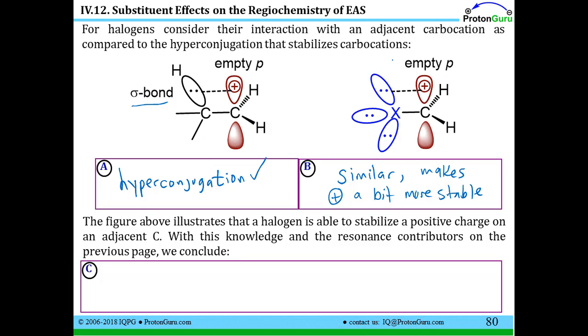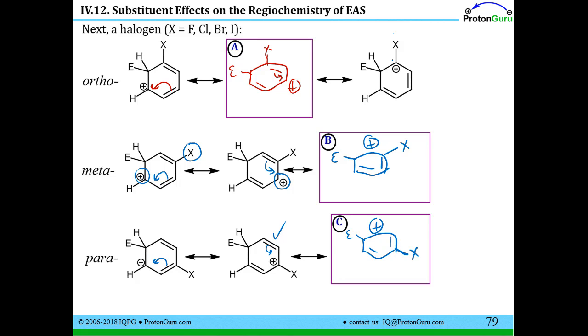So with that in mind, that this non-bonding pair near the positive charge on the carbon helps stabilize it a little bit, we can look back here and say, okay, where do we have that stabilizing influence? We have it here in the ortho case. We don't have it in any of these meta cases, but we see it again here in the para situation.